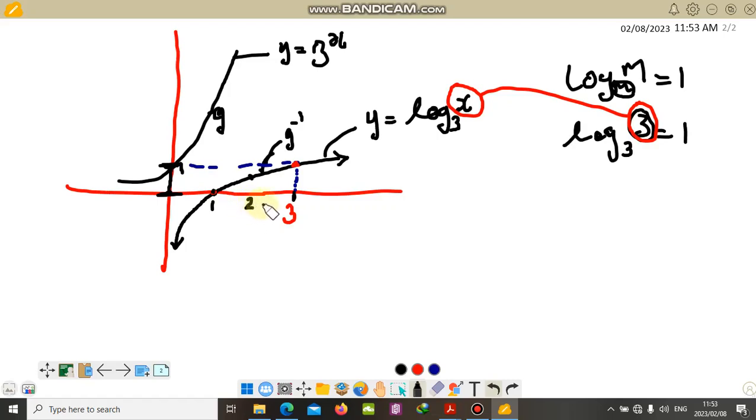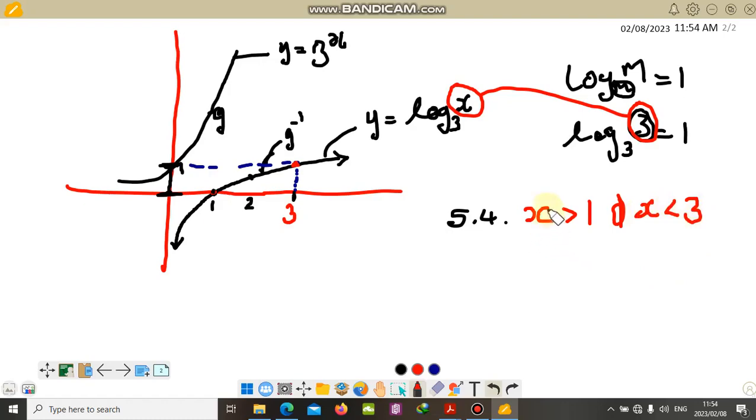But then the y should be less than 1, and we know that y equals 1 is where x is 3. So this tells us that x is greater than 1 and x is less than 3.